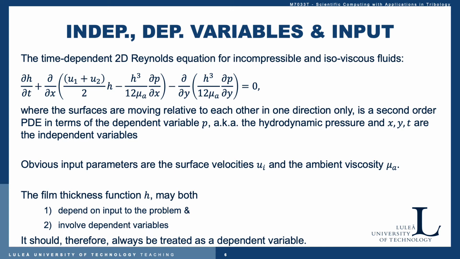Why? Because it may both depend on input to the problem and involve dependent variables, in case we have deformable surfaces or other aspects that we consider, for example the force balance condition. So we need to treat it as a dependent variable.